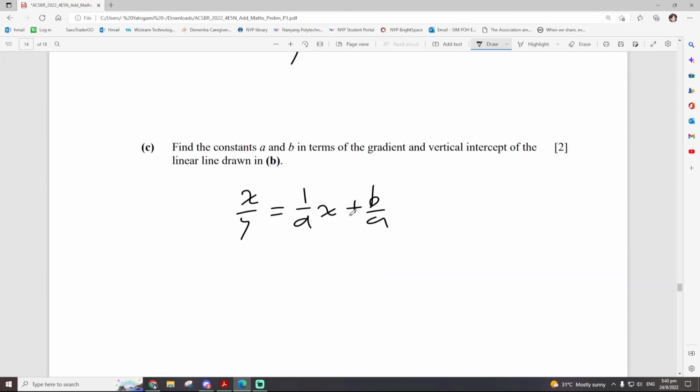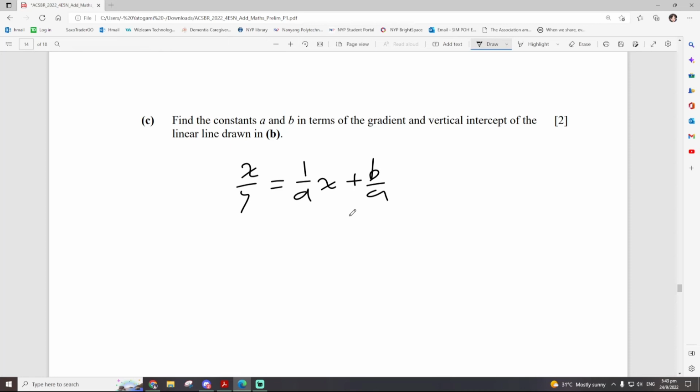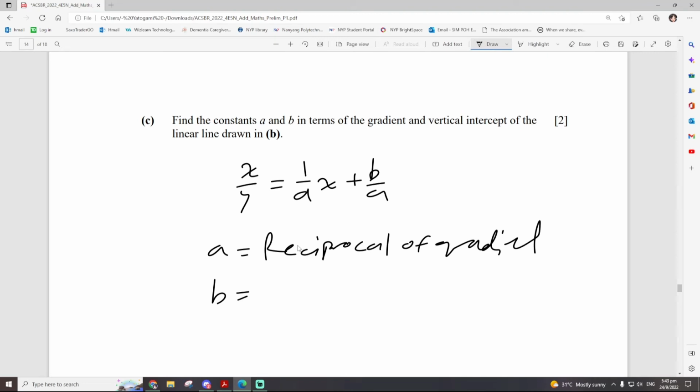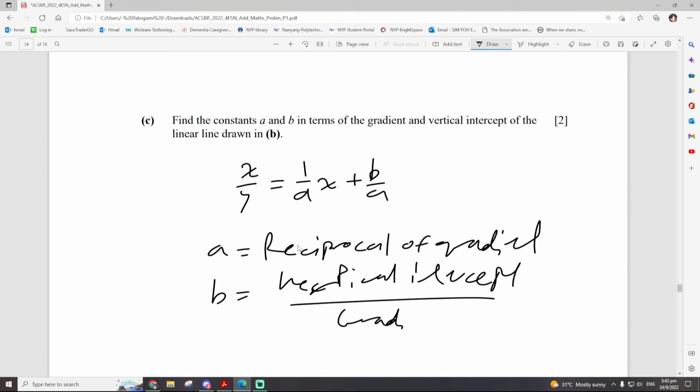Okay. So a and b in terms of the gradient and vertical intercept. The vertical intercept is b over a, and the gradient is 1 over a. So a is the reciprocal of the gradient, and b over a is the vertical intercept. So b will be the vertical intercept divided by the gradient. Okay.